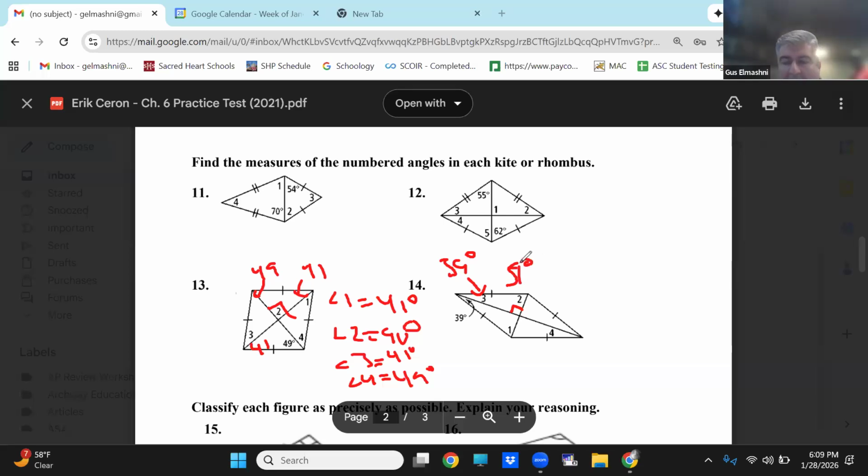Angle four? 39. Angle four is 39. Angle 1 is 51. Correct. Good.